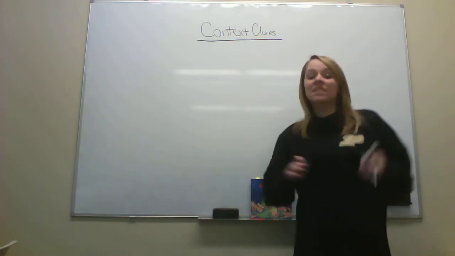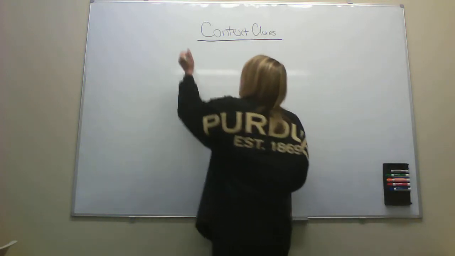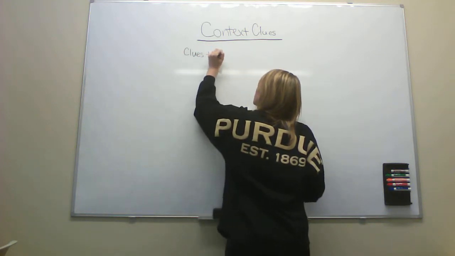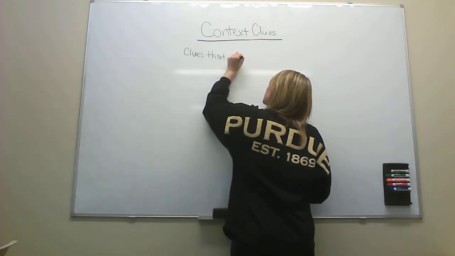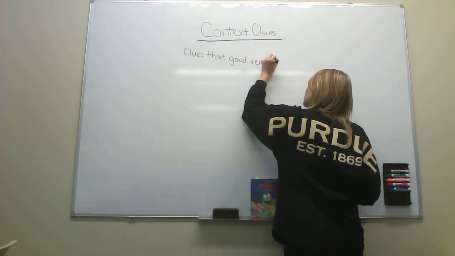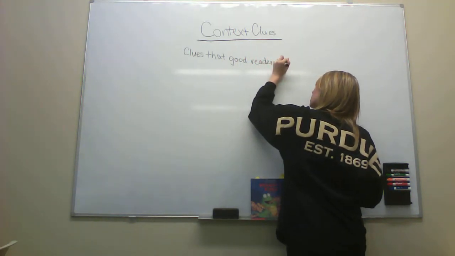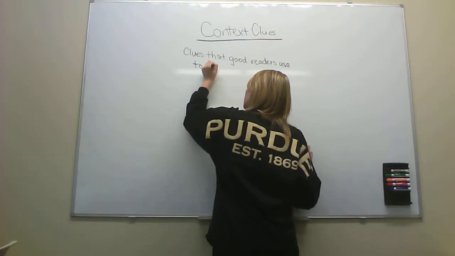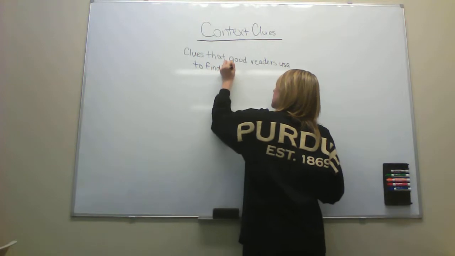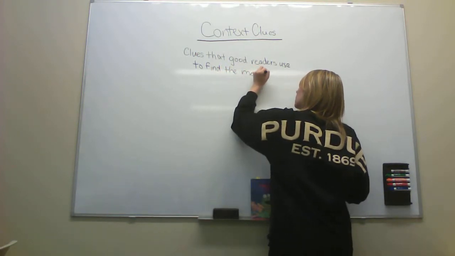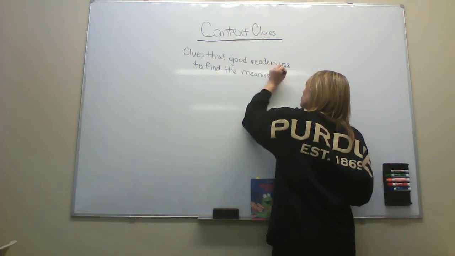And so context clues are clues that good readers use to find the meaning of an unknown word.